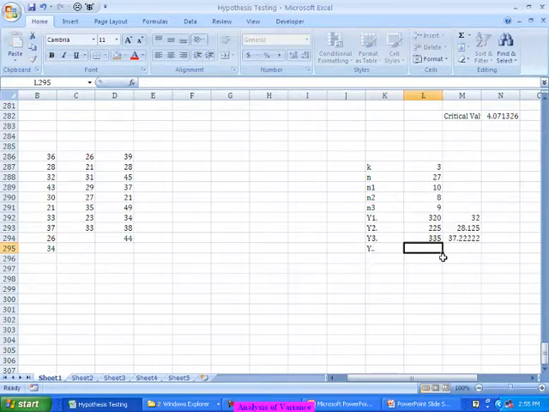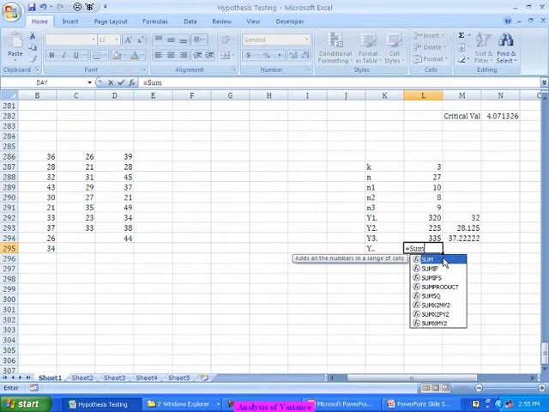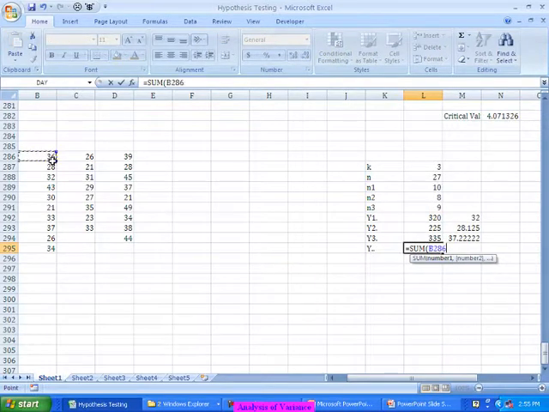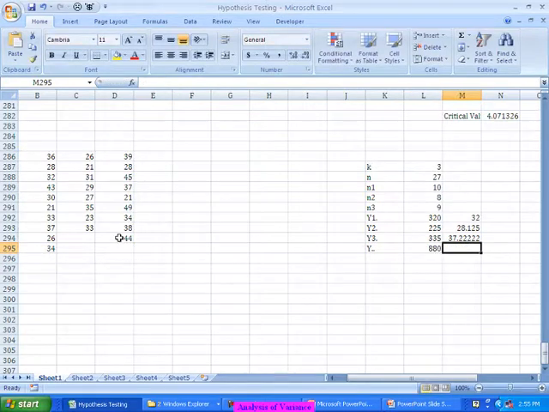Similarly, y dot dot is the summation of all these, and y dot dot bar is nothing but this divided by 27. So this is basically the overall mean, and these are primarily the treatment means.